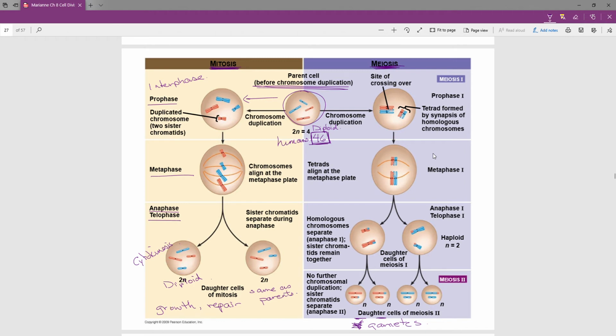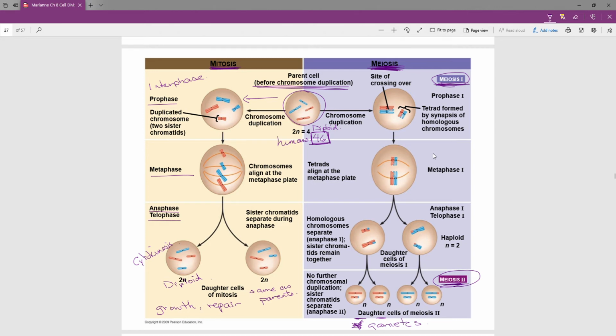So directing our attention to the other side, this meiosis, how things are different over here, it's going to go through meiosis 1 and meiosis 2. It's going to go through 2 rounds of those phases of division like mitosis did. So they're similarly named, but we do have prophase 1 and prophase 2 and metaphase 1 and metaphase 2 on the way because we've got meiosis 1 and meiosis 2 here.